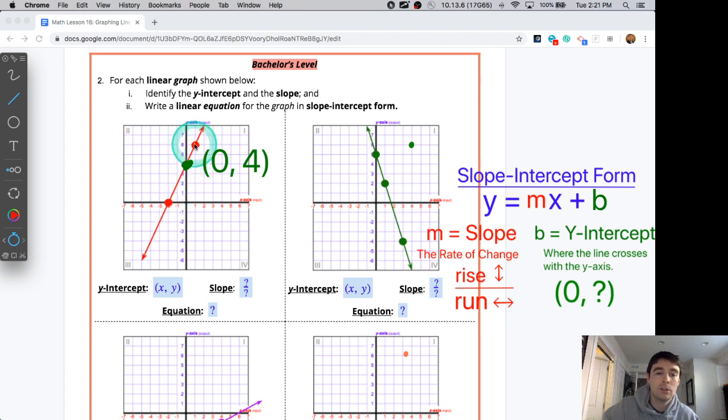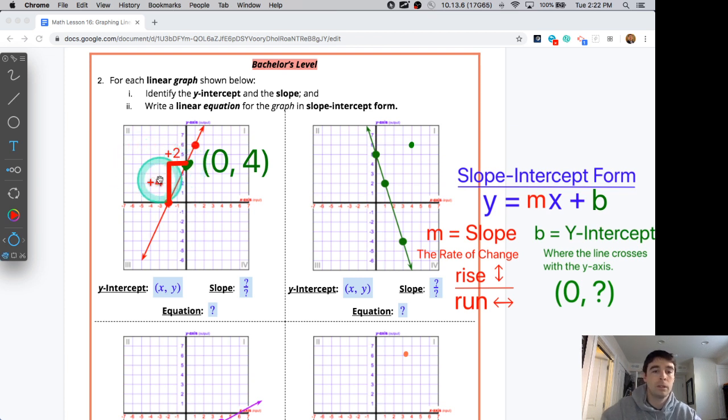So I'm going to look here, and I see these. I could use any two data points on the line. I'm going to use these two right here. And I see I need to climb up and to the right. Specifically, I need to climb up by 4 units, and I also need to climb to the right by 2 units. So this tells me that my slope needs to be positive 4 over 2.